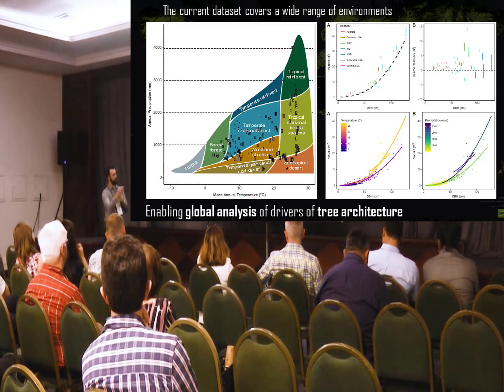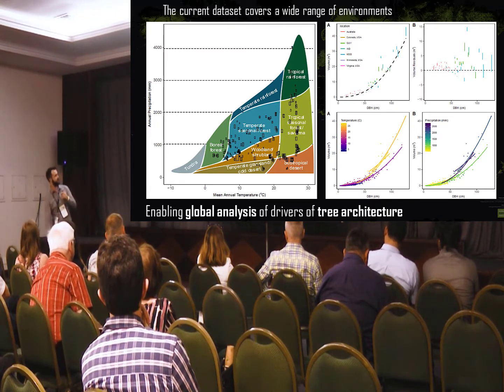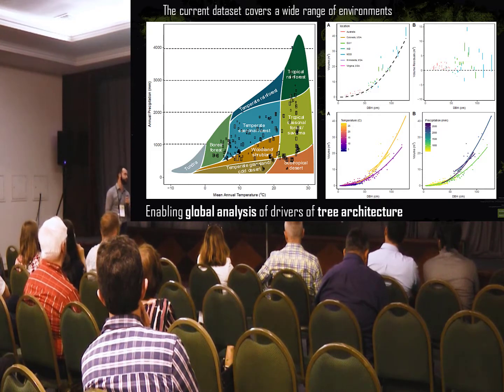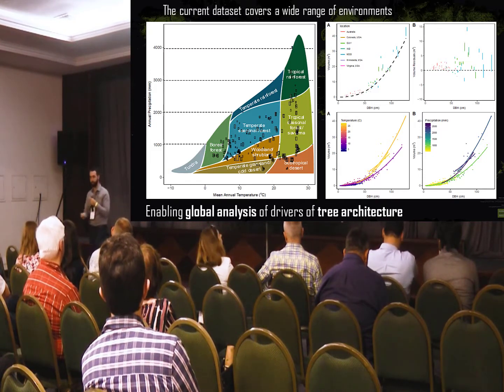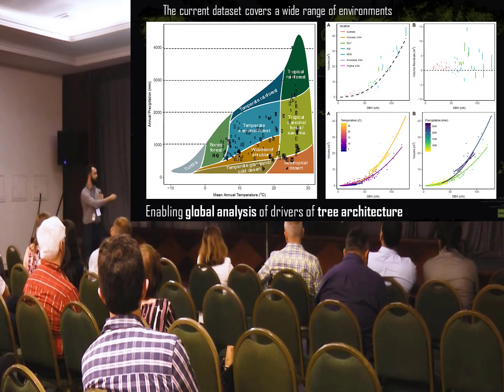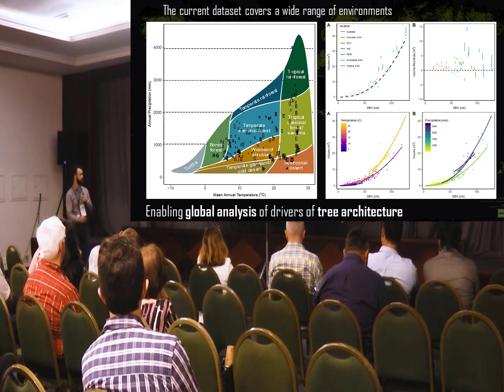So I wanted to, oh cool, there are data points. I don't know why they're that shaped, that's super weird. But one of the first things I wanted to do was just show you the range of climates that we're actually covering with this current data set. So we look at median annual temperature and annual precipitation.